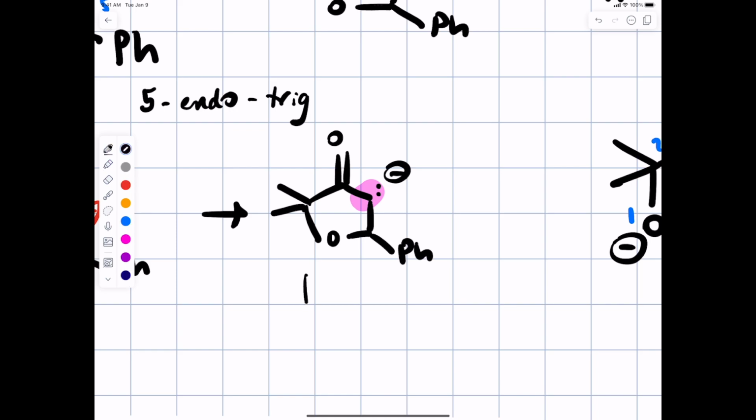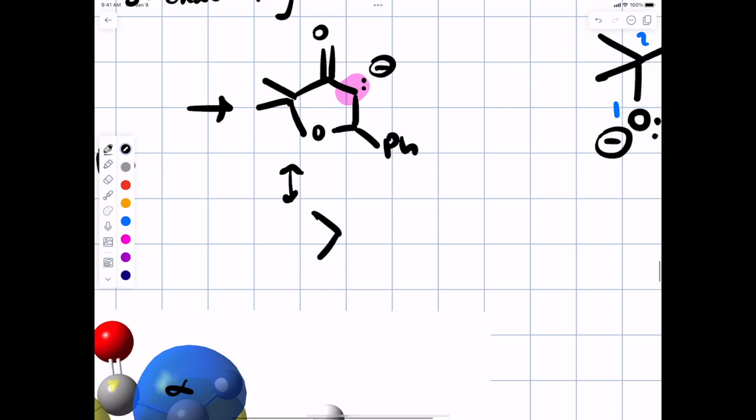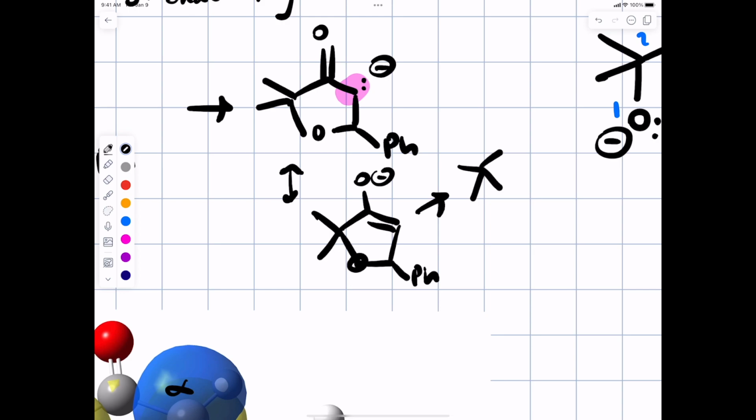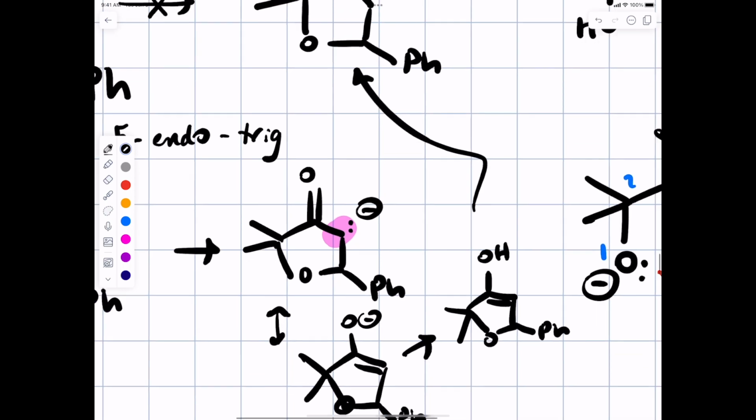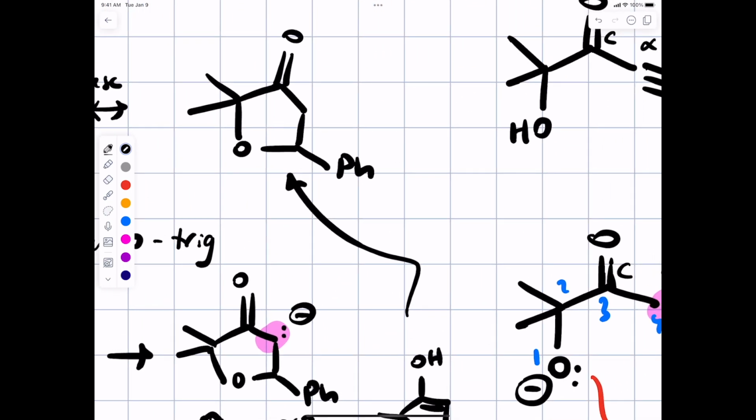We could have easily drawn the resonance structure for that in this enolate form. Then we could have drawn it forming, there was an oxygen there. Forming the enol and then tautomerizing to the ketone.